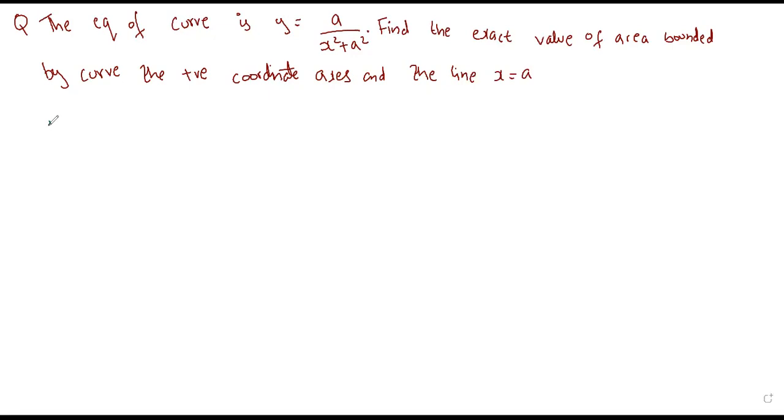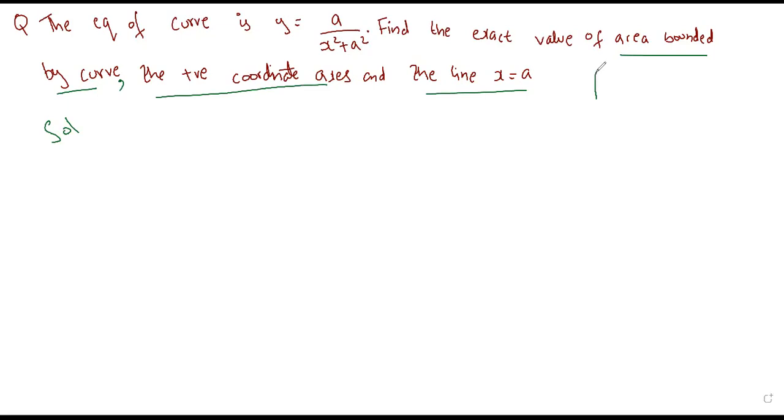So this is the question. The equation of curve is y equals a by x square plus a square. Find the exact value of area bounded by the curve, the positive coordinate axis, and the line x equals a.